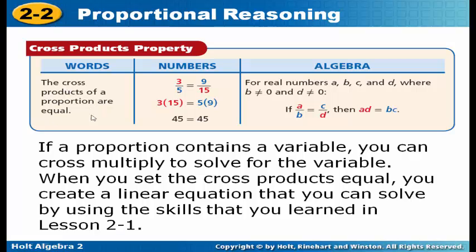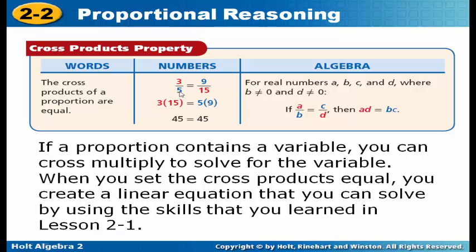If we have 3 over 5, that only is a ratio. 9 over 15 only is a ratio. But here we have 3 over 5 equals 9 over 15, so we have equality of two ratios. So it's a proportion.